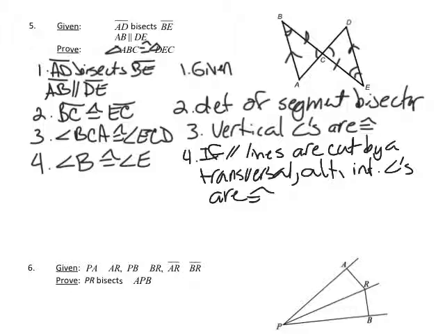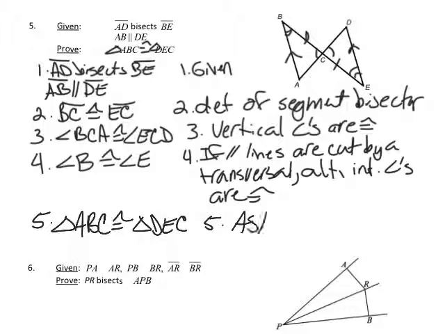That's enough, though, to say that the triangles are congruent, because if you look, I have angle, side, angle. So there we have it. We have triangle ABC is congruent to triangle DEC. Angle, side, angle is congruent to angle, side, angle.